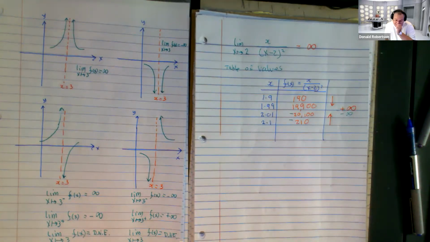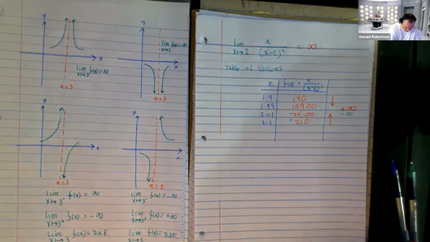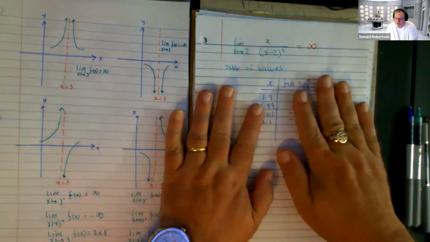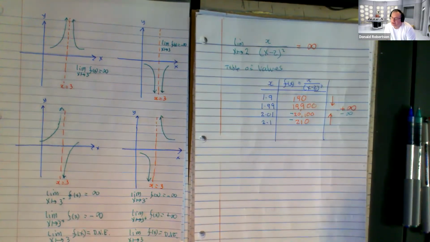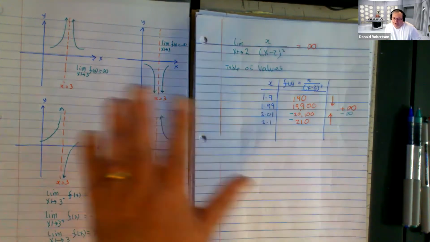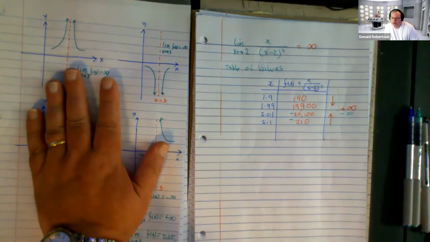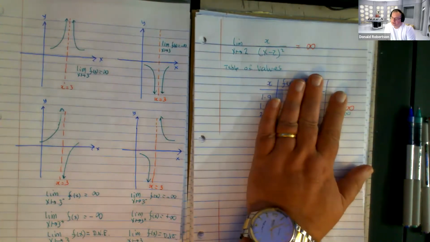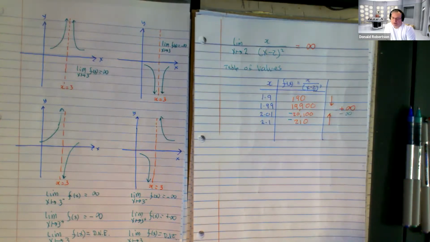That you can actually, by a table of values at least, find vertical asymptotes relatively quickly. Right, so stick it in Desmos, do a table of values, you come up with the same result. Any problems?